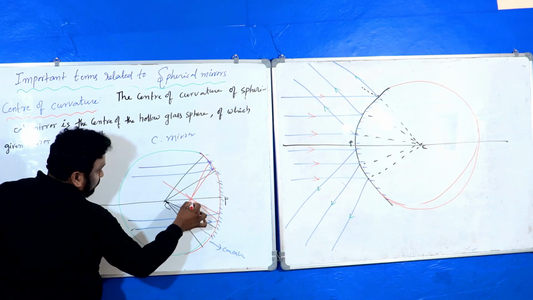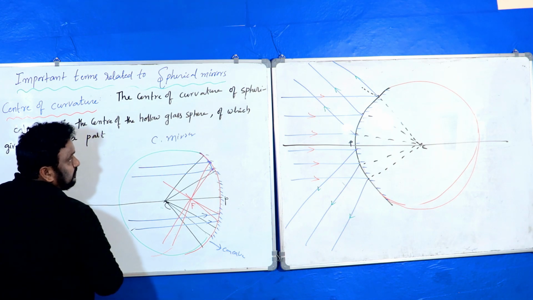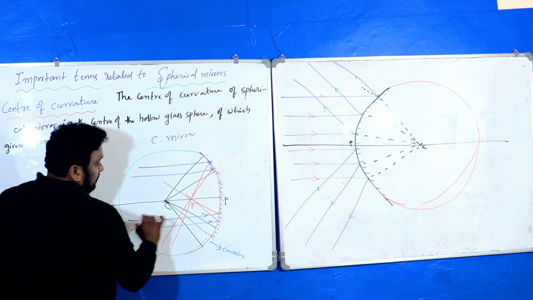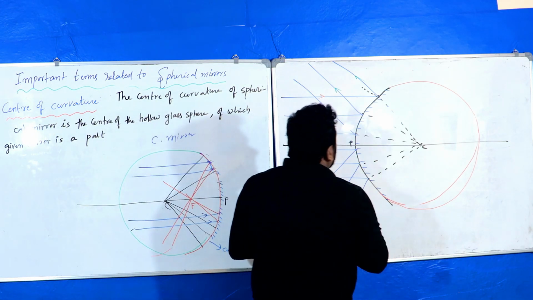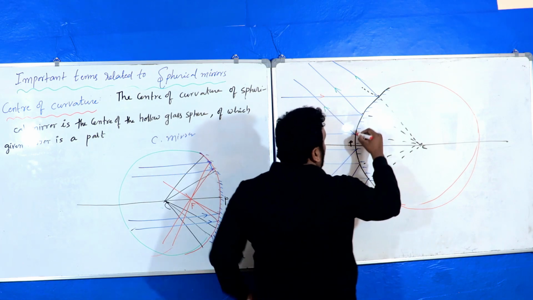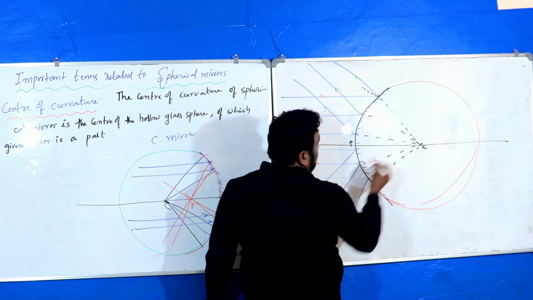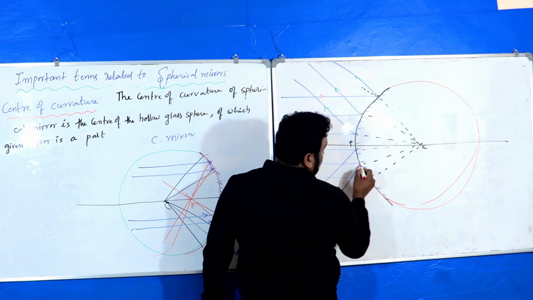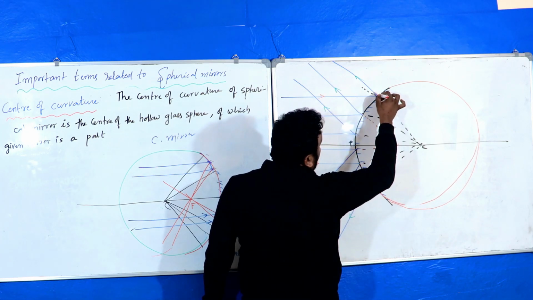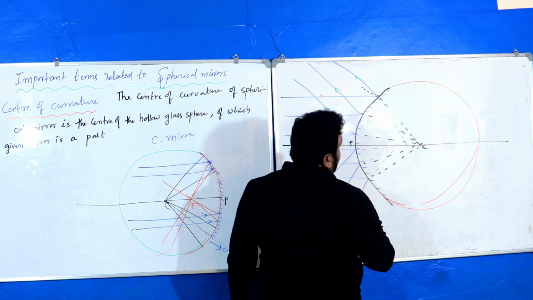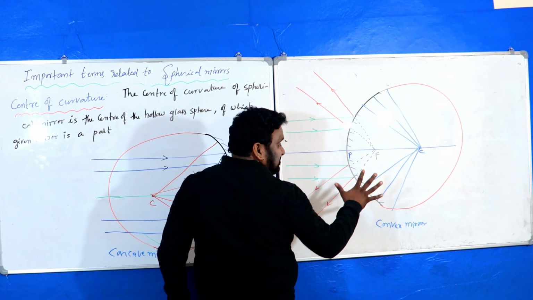That point is called the focus. That point is what we call the focus. Clear? In this case, the reflected rays we have to extend like this. They meet at one particular point, the center of curvature of a convex mirror.